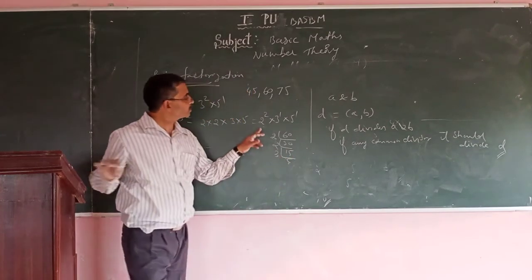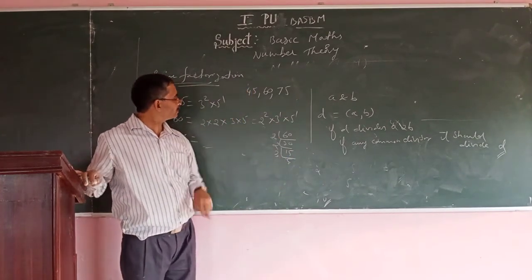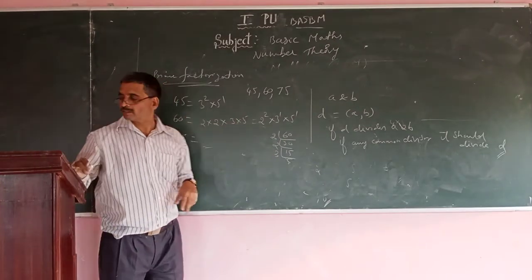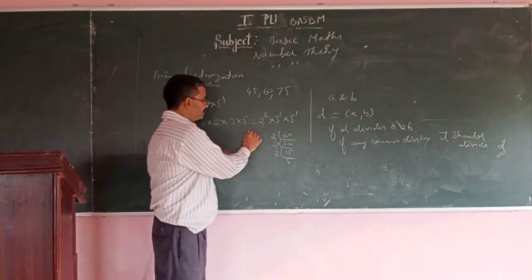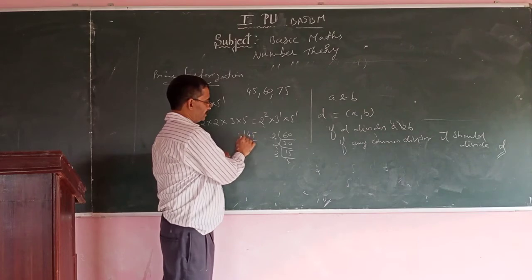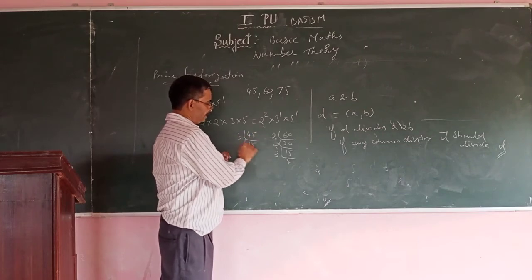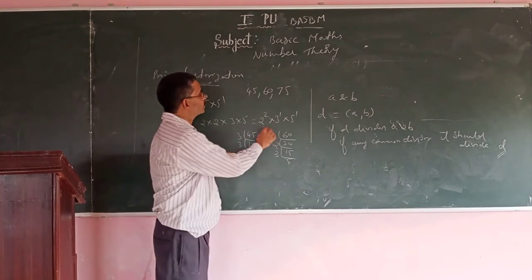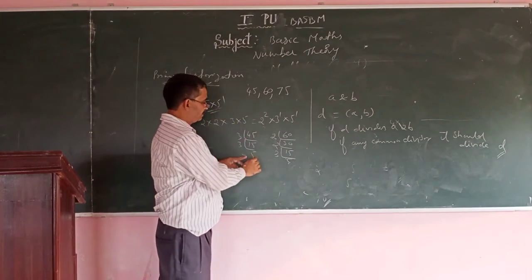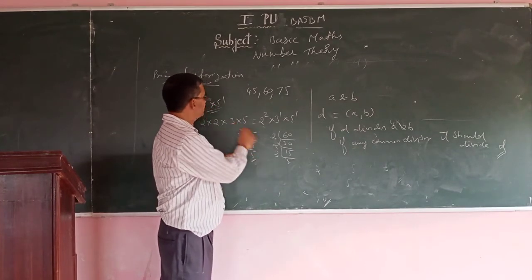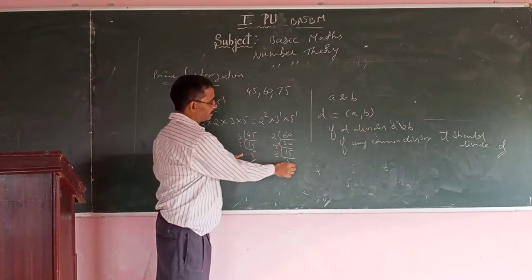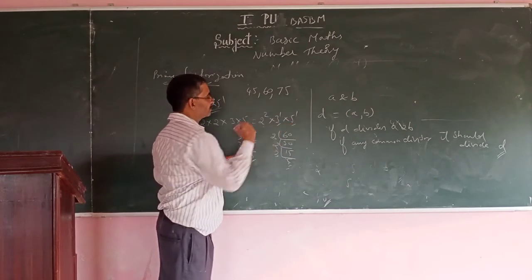This is like this: 2 square, 3 to the power 1, 5 to the power 1. What about 45? Same way. 45 means 3, 15, 3, 5. So 3 square, 5 to the power 1. Here 2 square, 3 to the power 1, 5 to the power 1.